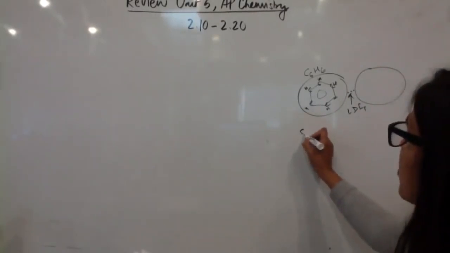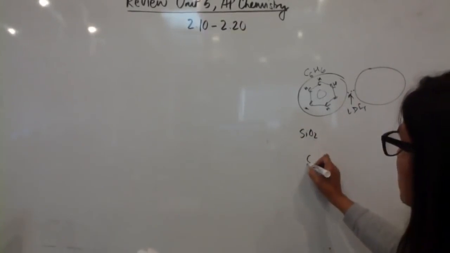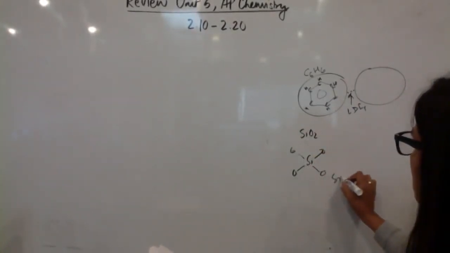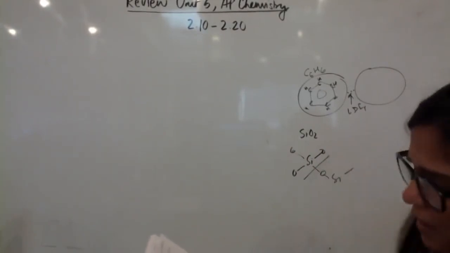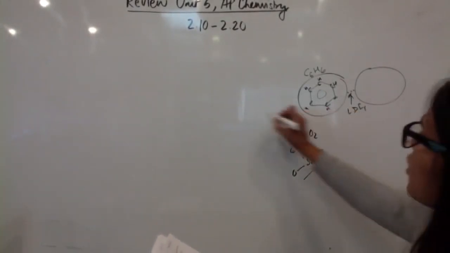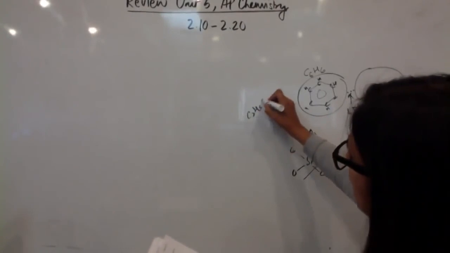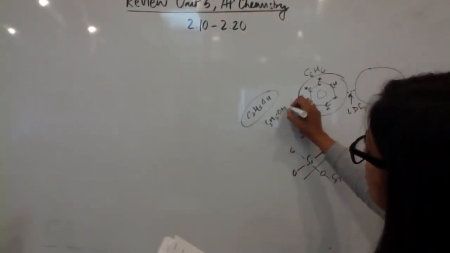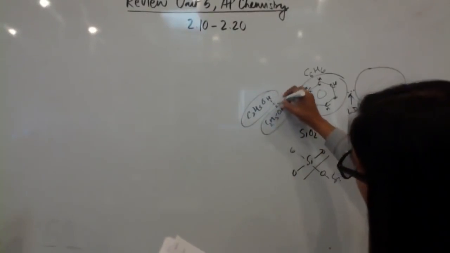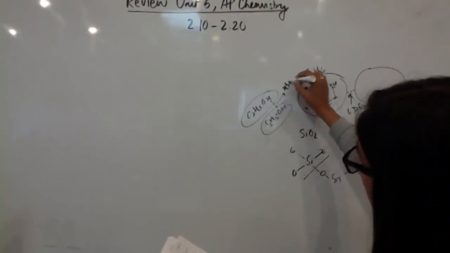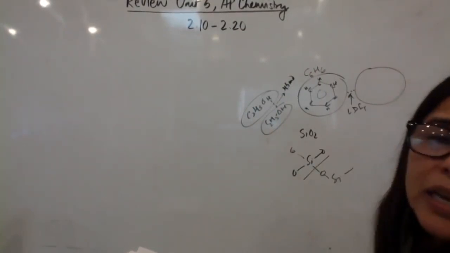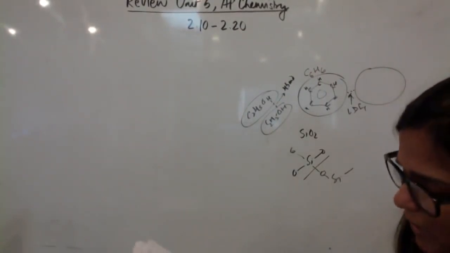When you melt quartz, silica, SiO2, remember this is a covalent network solid, and now you're breaking a covalent bond. When you boil C2H5OH, you are breaking the hydrogen bonds. Remember, when you boil a covalently bonded substance, you're not breaking covalent bonds, but you're breaking intermolecular bonds.